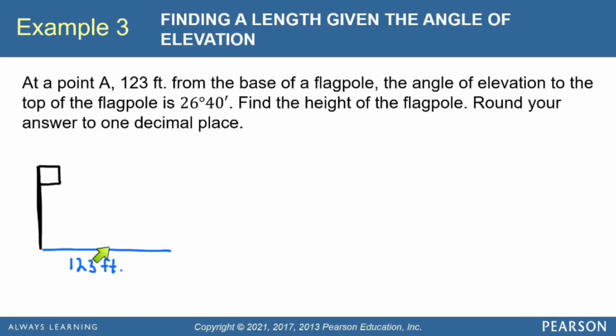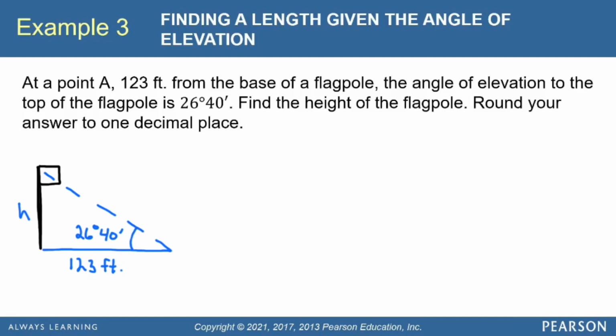So here is our horizontal. The angle of elevation is up from here. So when I draw a line from the ground to the top of the flagpole, I know that this is the angle of elevation right here. So this is our 26 degrees and 40 minutes. And we are asked to find the height of the flagpole, which is right here, but I need to give it a label or a name, so I'm just going to call it H for height.